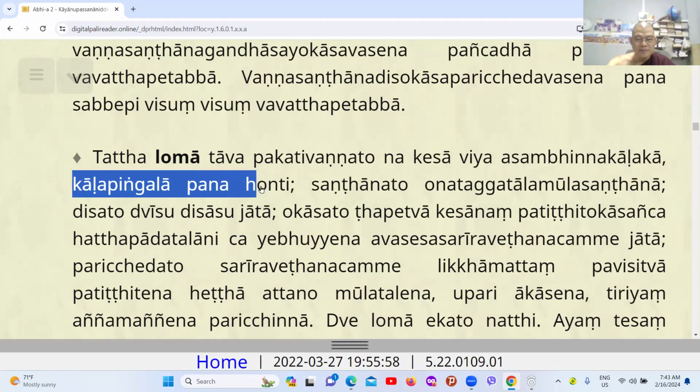The color of the hair, body hair, nowadays you can see is different from different people. Different people have different colors of the loma. So you should know the color of the loma. But in this Atthakatha, the color of the loma is specified like this. We should understand by ourselves.